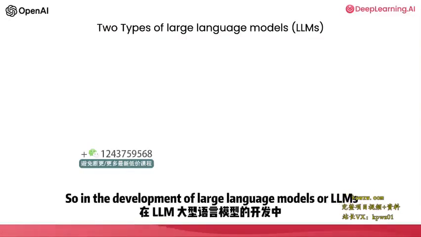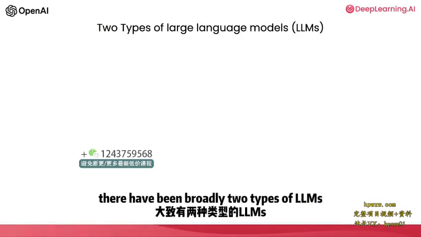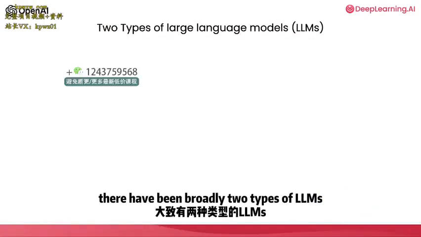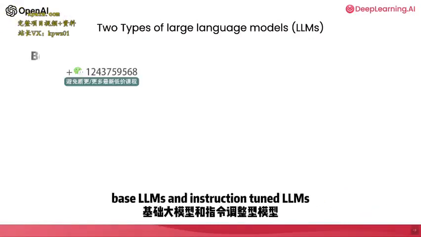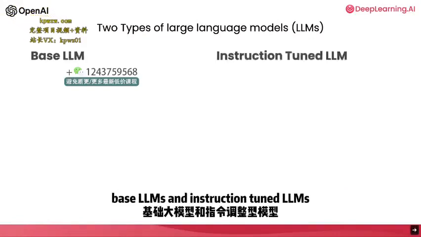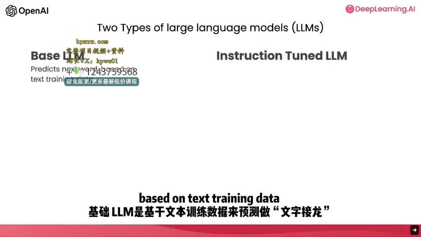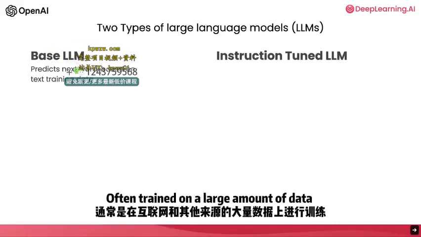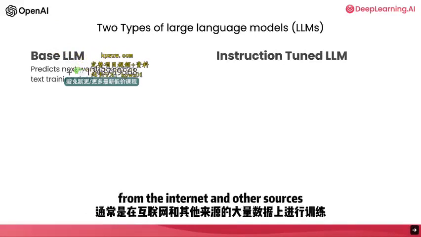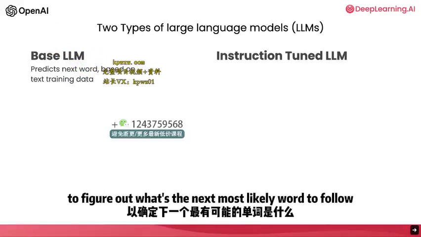So in the development of large language models, or LLMs, there have been broadly two types of LLMs, which I'm going to refer to as base LLMs and instruction-tuned LLMs. So base LLM has been trained to predict the next word based on text training data, often trained on a large amount of data from the internet and other sources to figure out what's the next most likely word to follow.